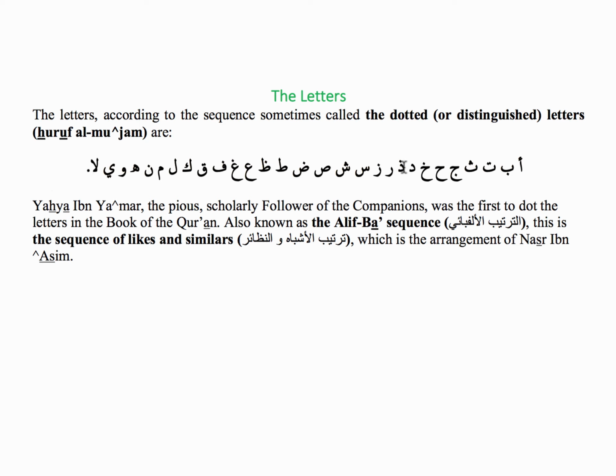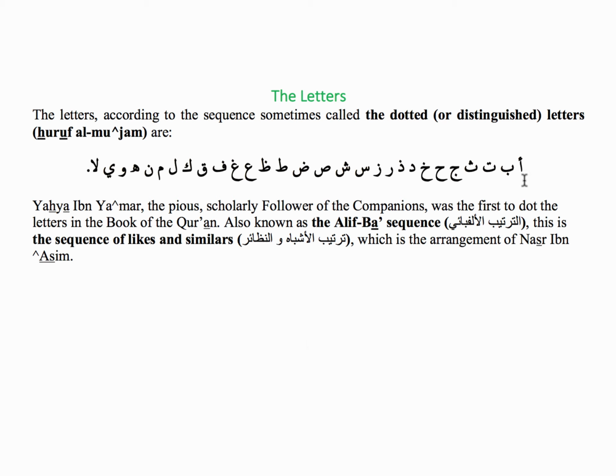This first letter, when it has that character written on top, is called a hamza. The whole letter is called hamza. When it has the character written on top, the miniature head of an ayn, that's a hamza, not an alif actually. Inshallah, we'll come back to talk about that.